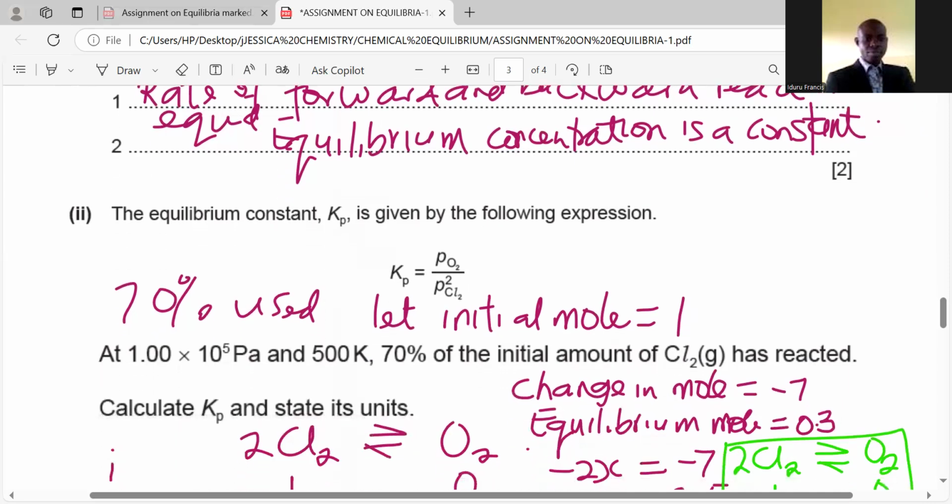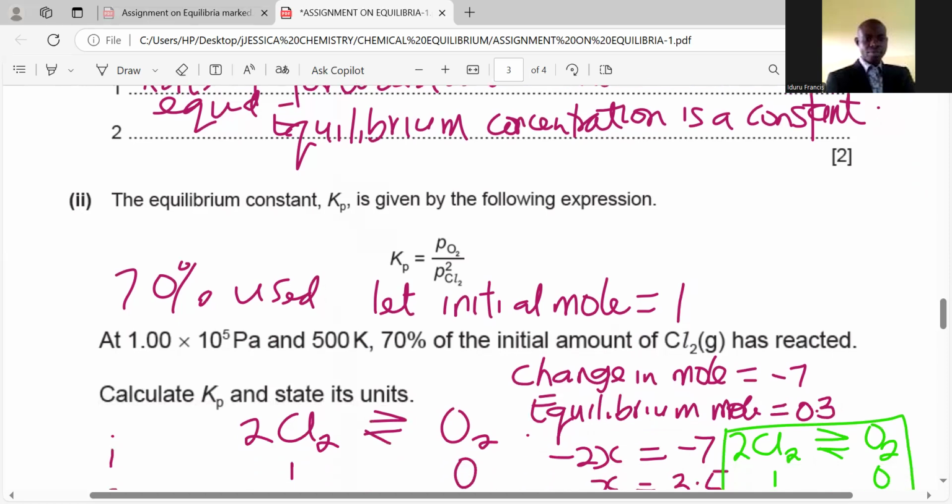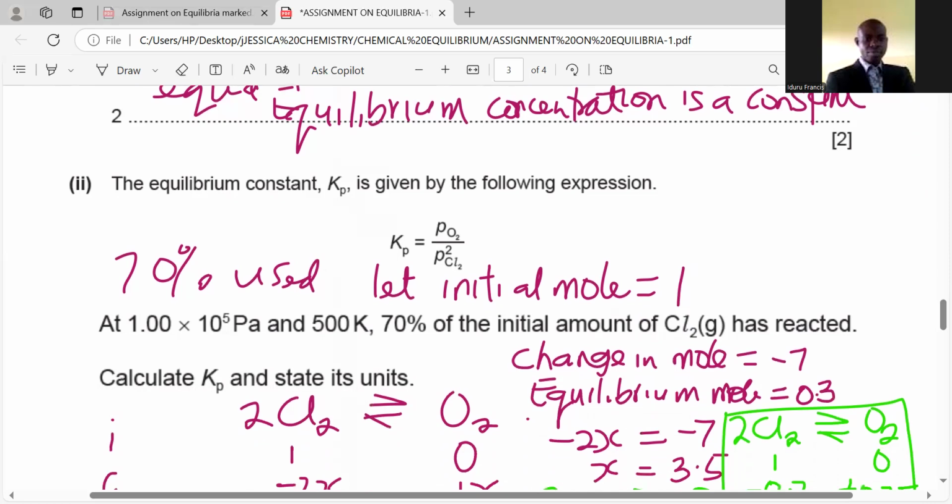Let's go to 2. The equilibrium constant Kp is given by the following expression: Kp equals the partial pressure of oxygen to power 1 over the partial pressure of chlorine to power 2.